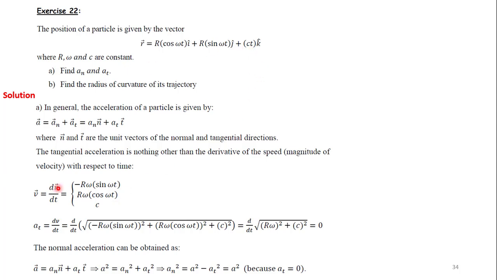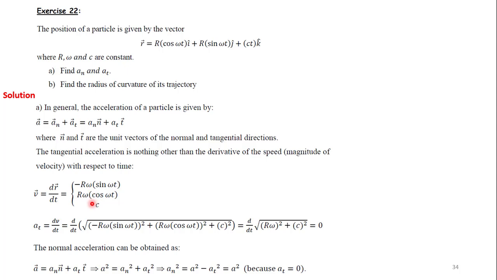Okay, once we found the velocity vector, we need now to find the magnitude of the velocity vector and derive it with respect to time to find the tangential acceleration. So let's write at equal dv over dt, and this is equal to d over dt of the magnitude of the velocity vector.